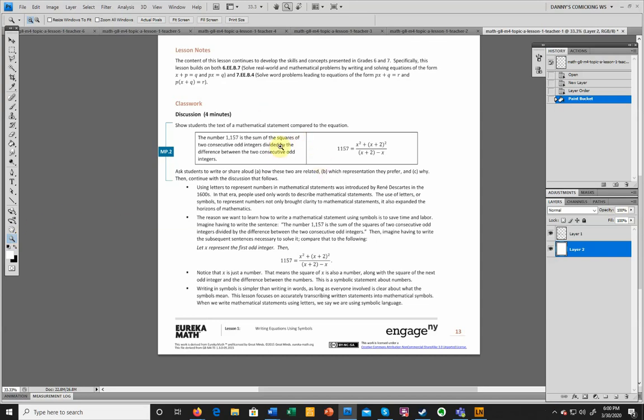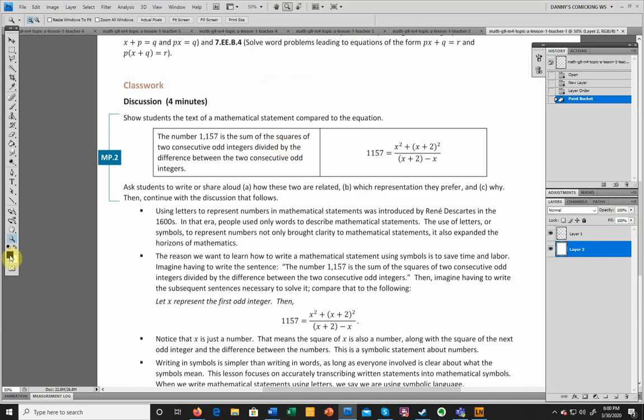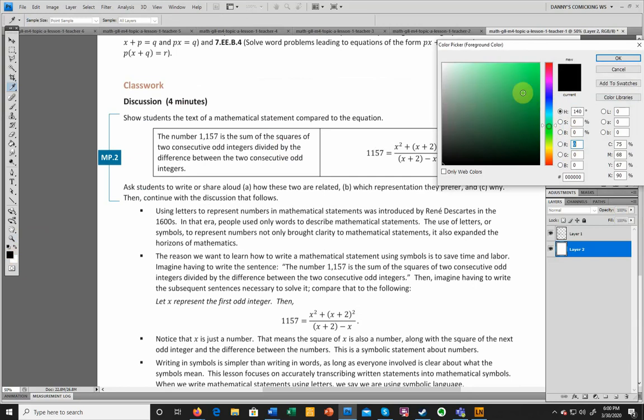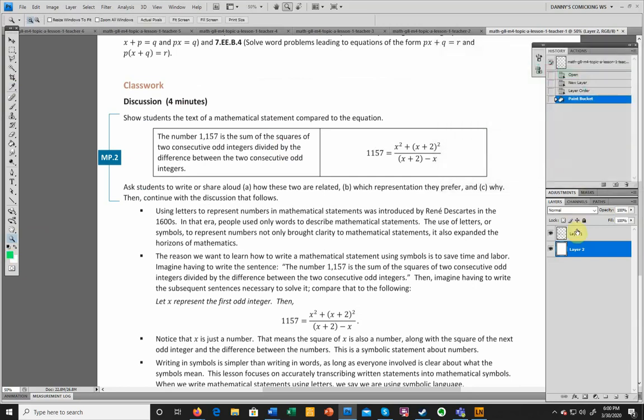So if we look at this mathematical statement, it says the number 1,157 is the sum of the squares of two consecutive, which means one after the other, odd integers.